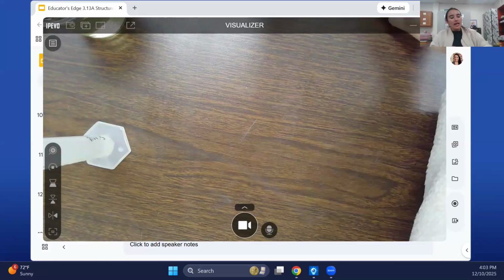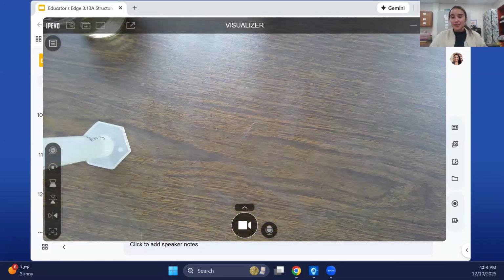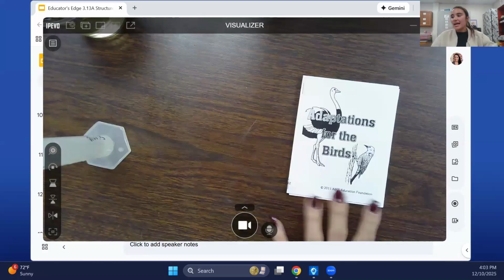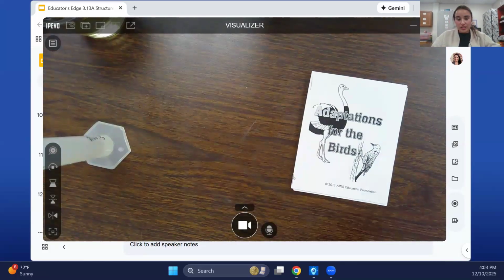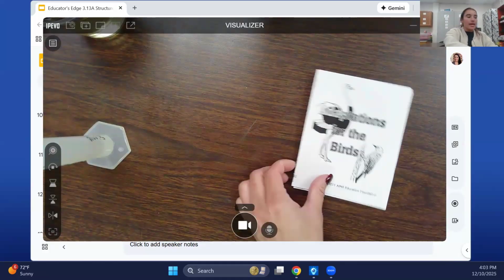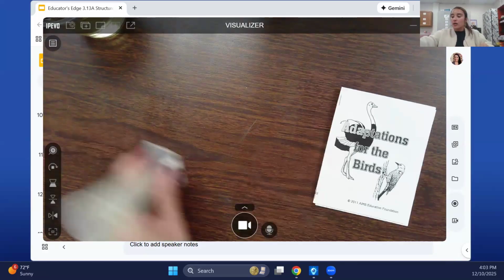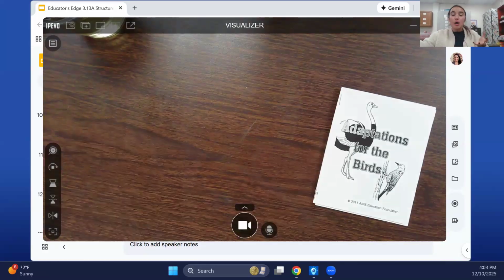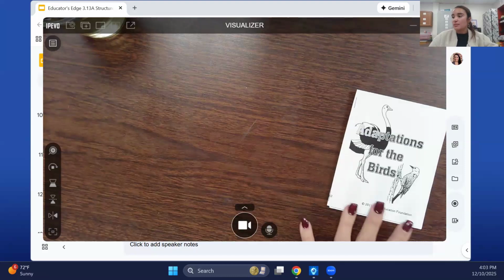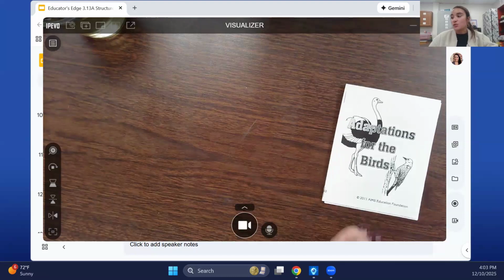Okay, so now I'm going to pass out to the students the AIMS resource, Adaptations for the Birds. It is linked in our curriculum, and students can make a booklet as well. And this is going to be part of your explain. So we know that in the bird beak buffet, we really focused on beaks, but we didn't talk about feet. This one includes the bird beaks and feet as well.